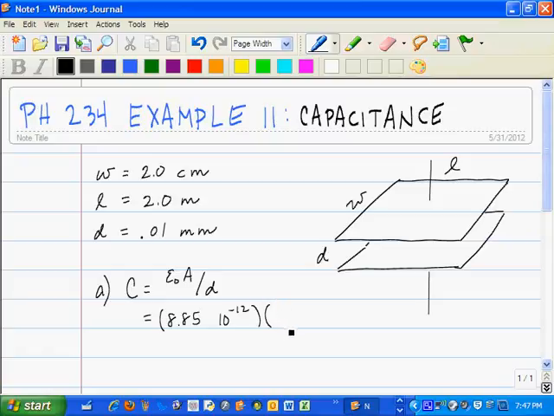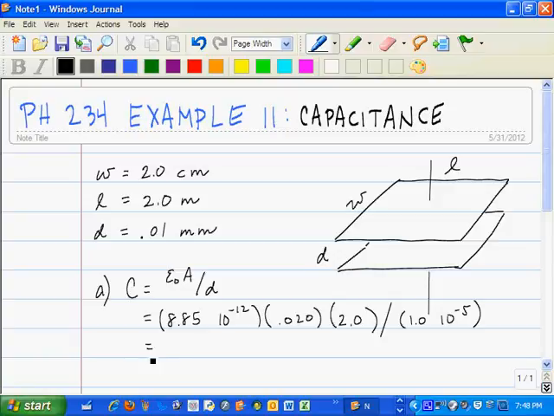That's 0.020, which is the width, and then the length is 2.0. And then we're going to divide by the separation distance d, which is 0.01 millimeters. So that's 0.01 times 10 to the negative third, or that's 1 times 10 to the negative fifth meters. So we'll have here 1.0 times 10 to the negative fifth.